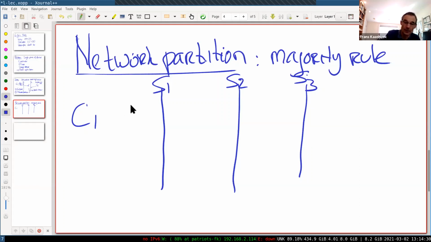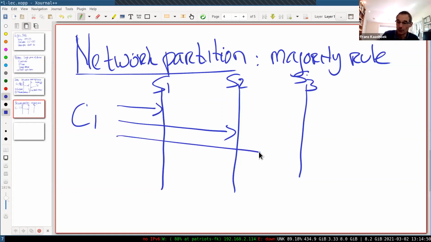So we send a message to S1 for doing test and set. We send a message to S2 for doing test and set. Then we get back positive responses from both of them, like a false in both cases. Then we'll return false to the application, and the application can consider the test and set succeeded.